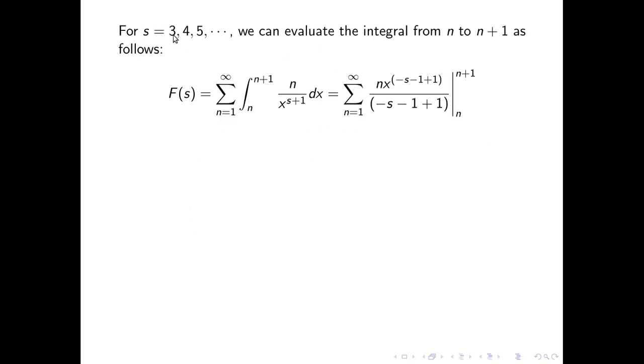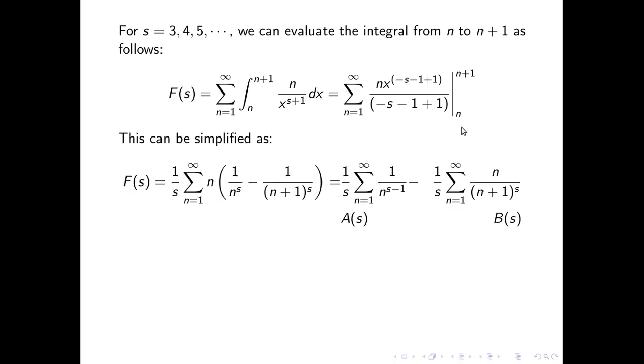For s equal to 3, 4, 5, etc., we can evaluate the integral from n to n plus 1 as follows. This is just x to the power minus s minus 1, and by the integration of a power, this is the integral. Evaluating at the bounds, at the limits, we get this.